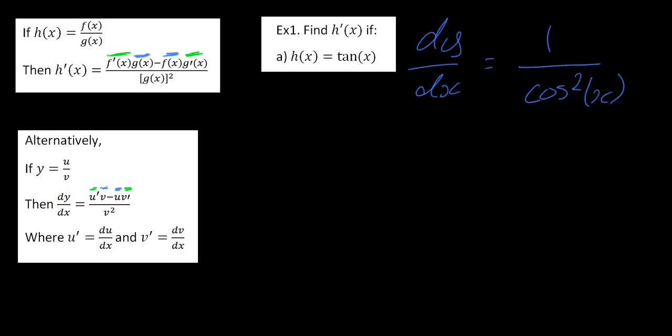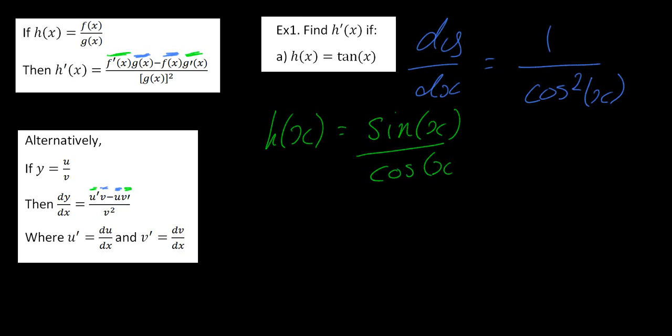So what we're going to do is we're going to say that h of x is equal to sine x on cos x. And from here, we're going to use the quotient rule to figure out how we can get dy dx, or I should say, in this case, it should be h dash of x.